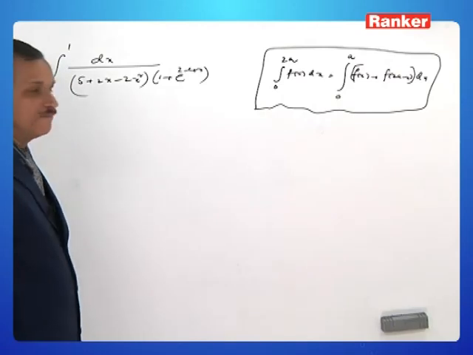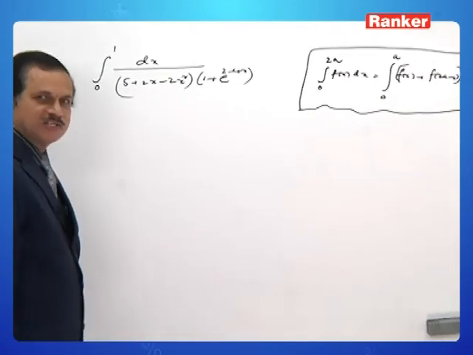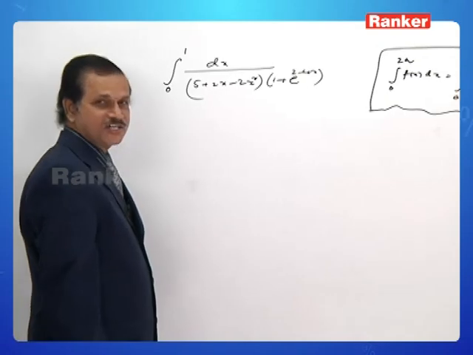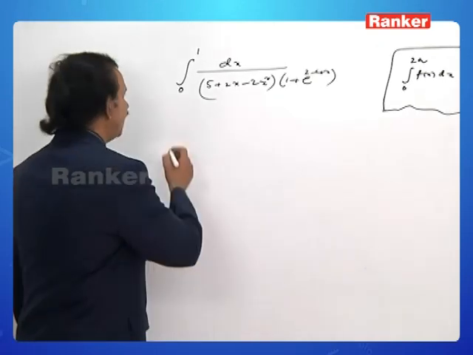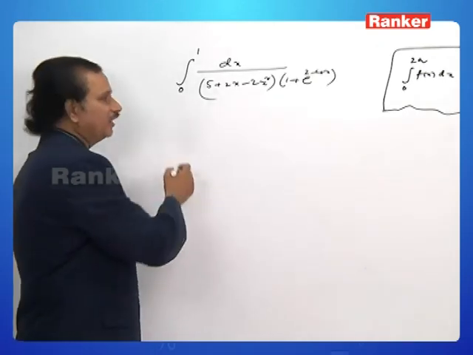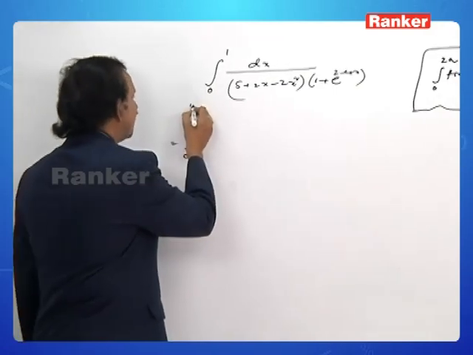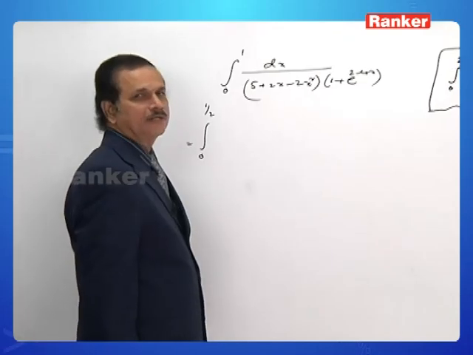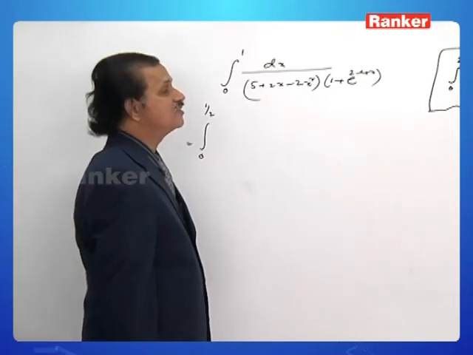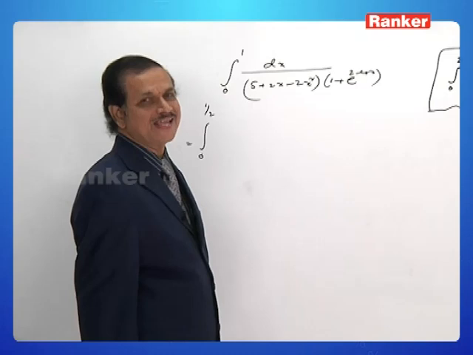Let us make use of that. By using it, in what shape it will occur? Let us see. This is equal to integral 0 to half. Why? Because integral 0 to 2a is going to be termed as integral 0 to a, isn't it?